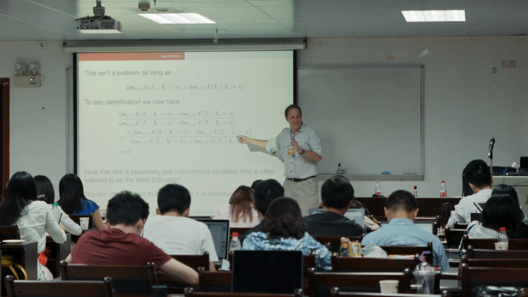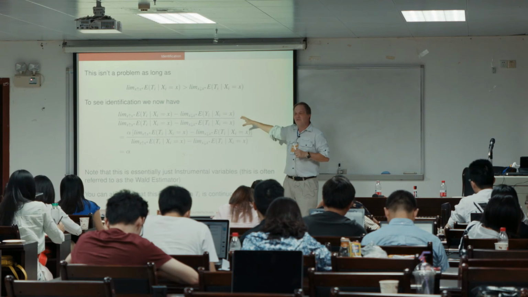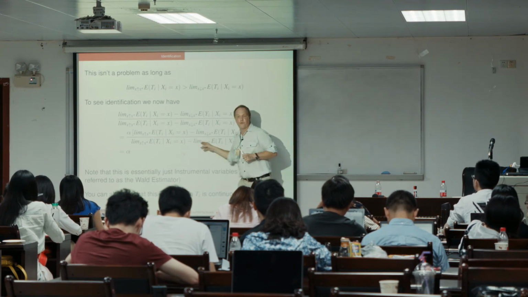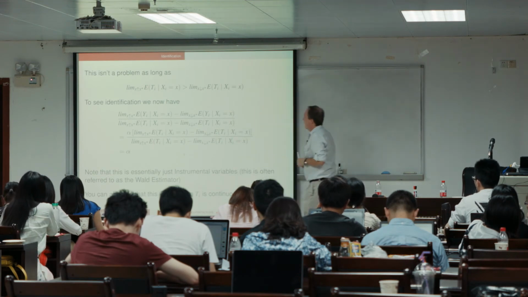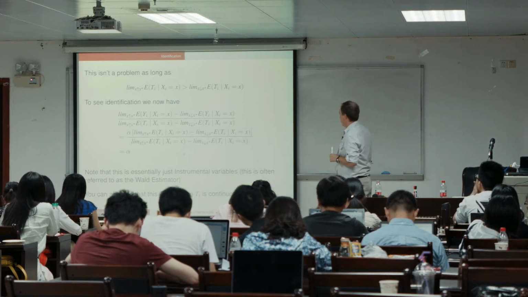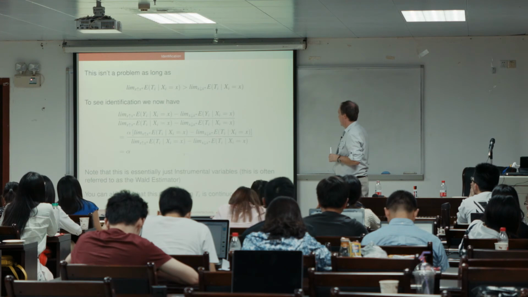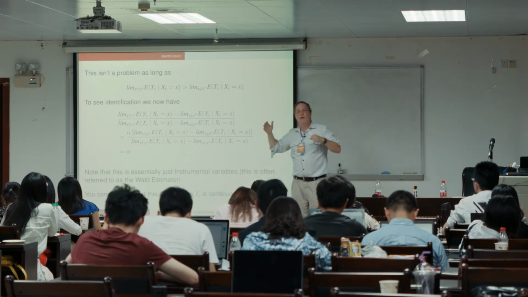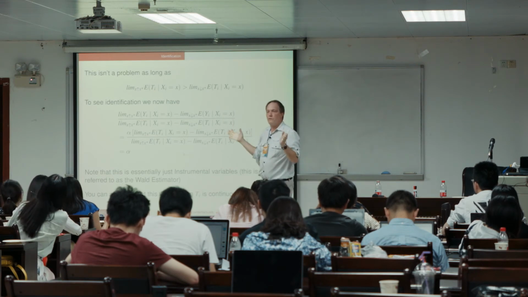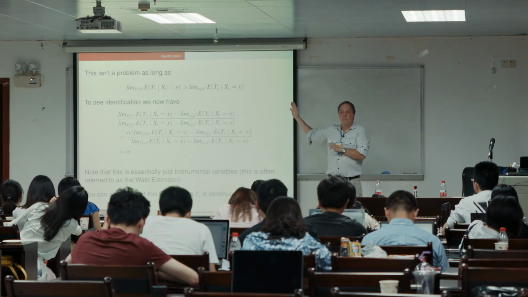This should look somewhat like IV, and in fact, it's exactly that. This is essentially the first stage in IV, and this is the reduced form. We're just essentially estimating the Wald estimator. Okay? And T can be continuous. It doesn't need to be binary. You control for other models. It's relatively straightforward. So this is regression discontinuity. That's the idea of it.